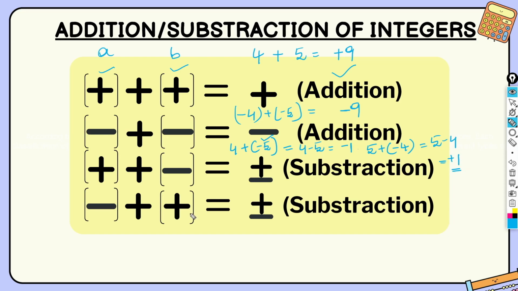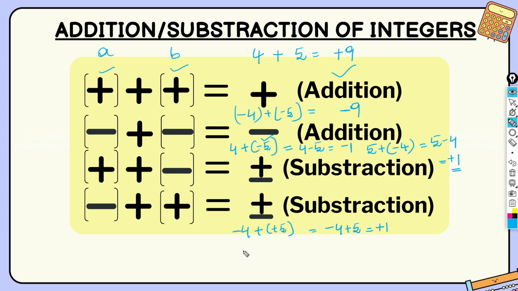Similarly, if two integers with minus and plus signs are added, then you should do subtraction. For example, minus 4 plus 5, that is equal to 1. And the sign you should put is plus because the larger number is 5 and 5 has a plus sign.